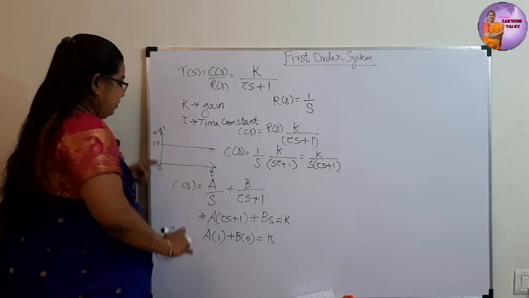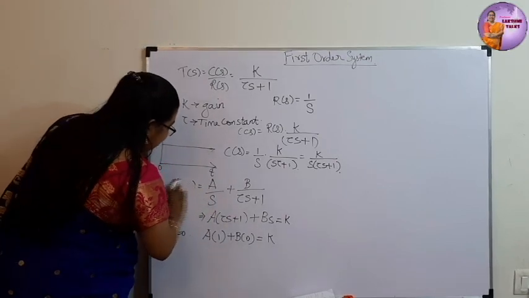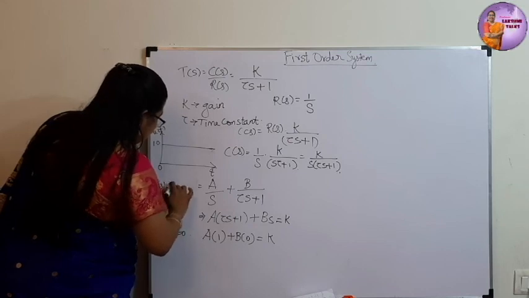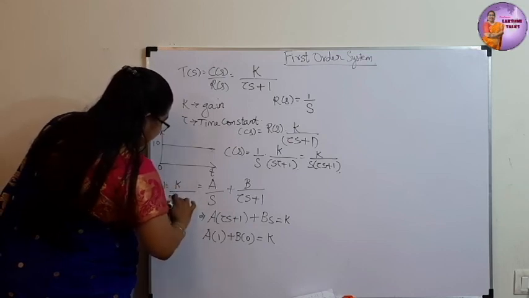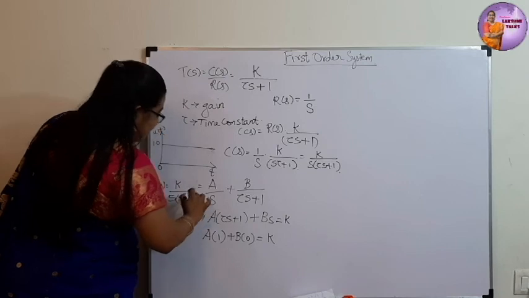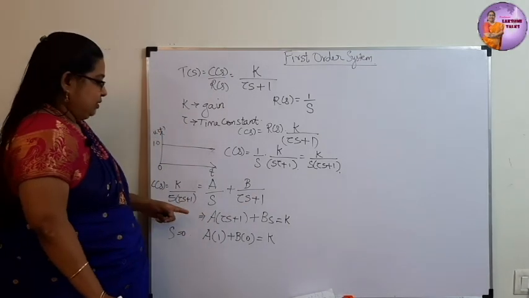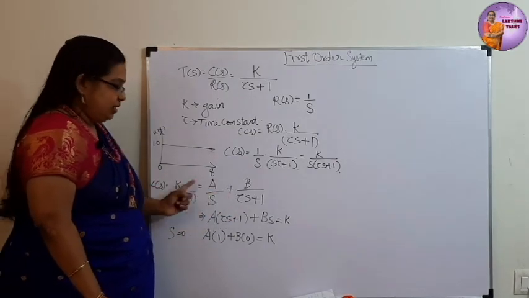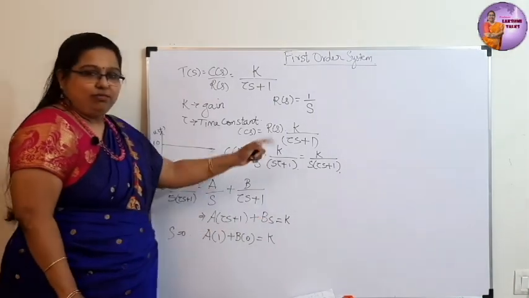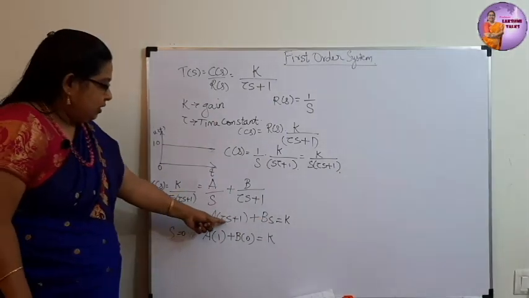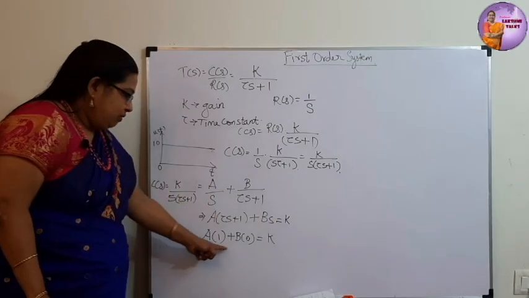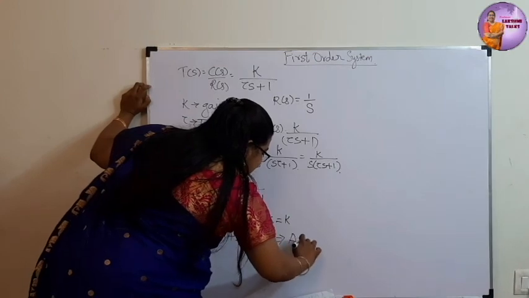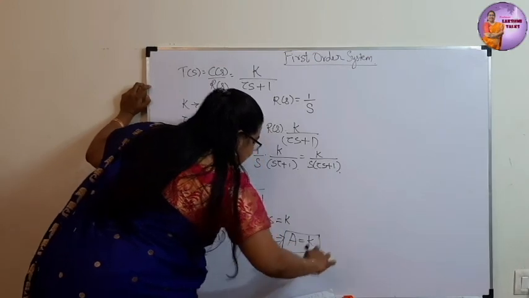Because I can rewrite it like this. C of s is equal to k divided by s into tau s plus 1, which is again written like this. So cross multiply and then these two denominators get cancelled. This is another way of doing partial fraction. Now substituting s is equal to 0, we get a is equal to k.